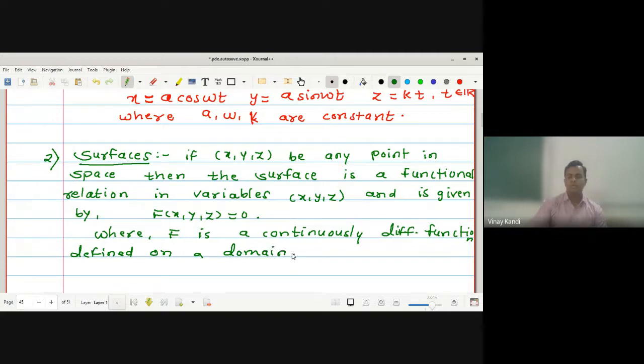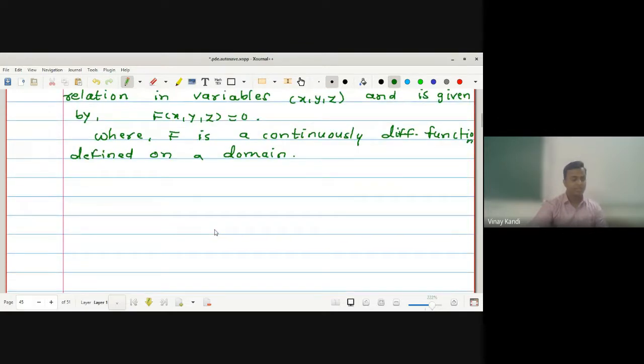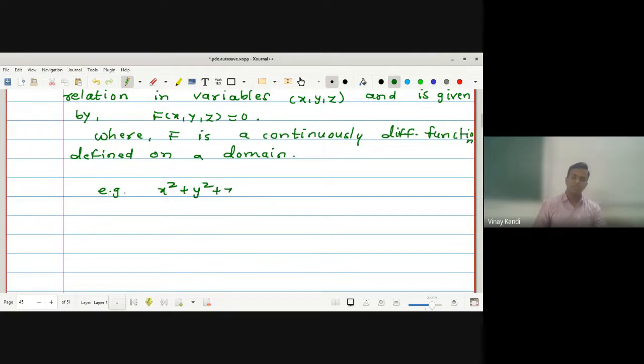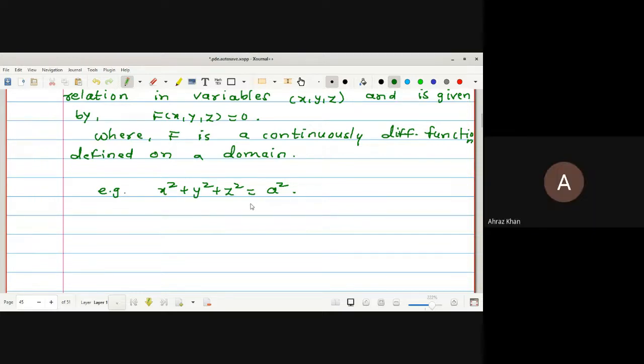Now tell me, what is the equation of a sphere in 3D space? X square plus y square plus z square is equal to a square, if the radius is a. The origin is 0.